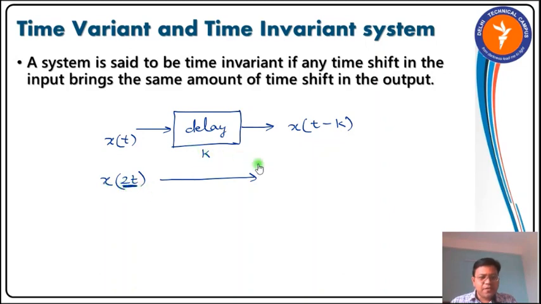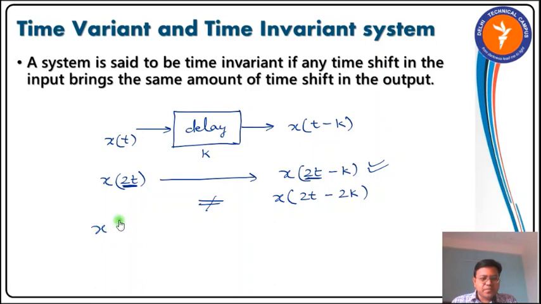So this delay will be reflected as x of 2t minus k. That is, this k has been shown as delay in this time, not only in this t but in this time. I mean to say that if I want to delay x of 2t signal, then it will not be equal to x of 2t minus 2k. It will not be equal to this, it will be equal to this.